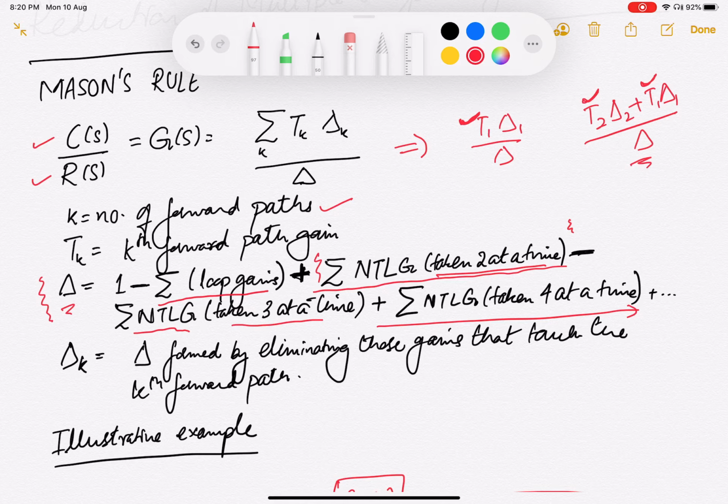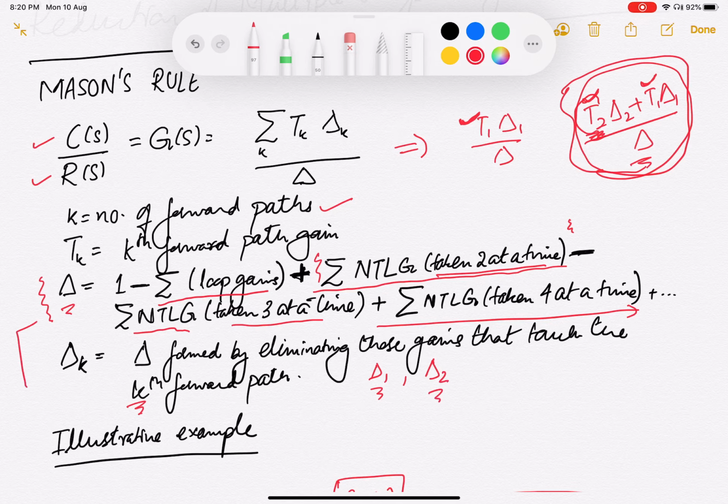So once you remove the kth forward path, that means, for example, in this case, you remove the first forward path, and whatever is left for that signal flow graph, find delta, and that delta would be delta 1. Similarly, remove the second forward path, that is T2, from the signal flow graph, and whatever is left for that, find delta. That delta would be delta 2, and delta is to be found from this basic formula. So I hope it is clear.